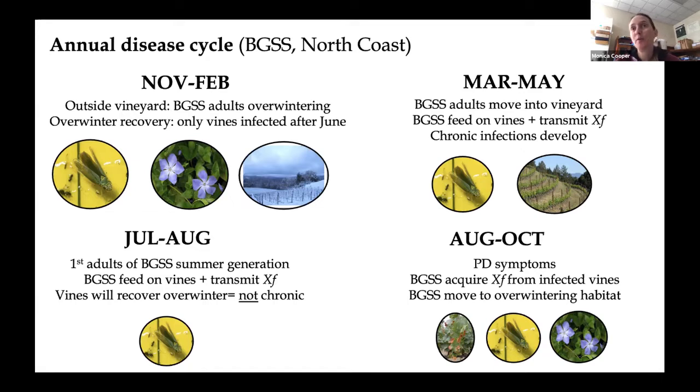And then they overwinter, and Xylella stays in their mouth parts the entire time when they're overwintering, so that when they move back into the vineyard in March or May, they're able to transmit Xylella back to healthy vines. So it's a really important time, not only for symptoms, but also we think for blue-green sharpshooters acquiring Xylella from infected vines before they go to overwinter.